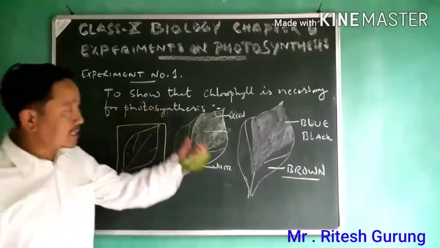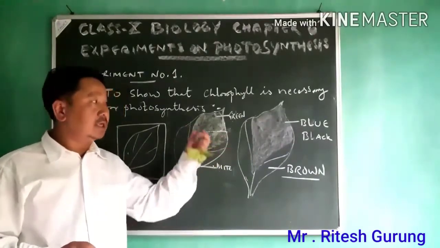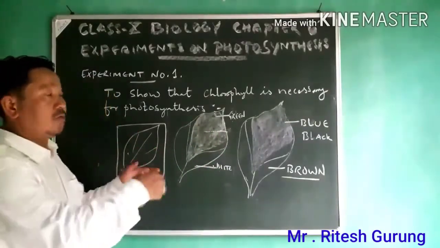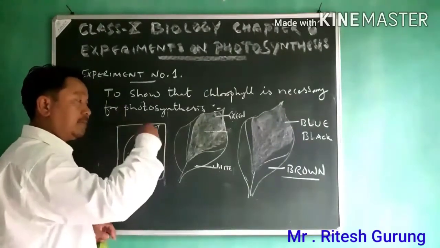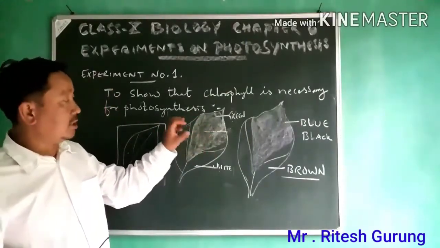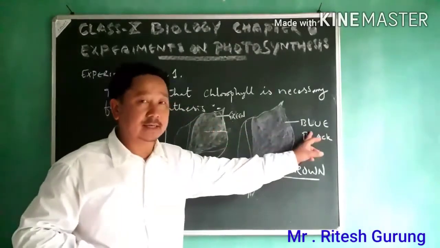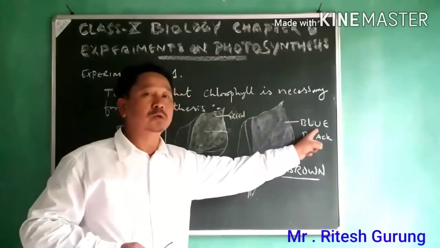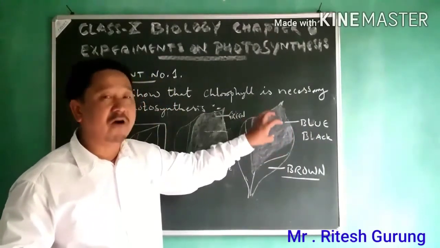After marking it, now go for the test, which is called the iodine test, which you all have already come to know how to do. After the test, what you can confirm is that those portions of the leaf which are green turn blue-black, confirming that starch is formed.